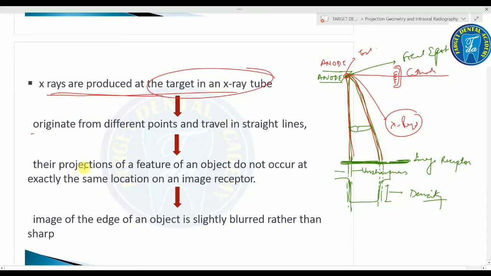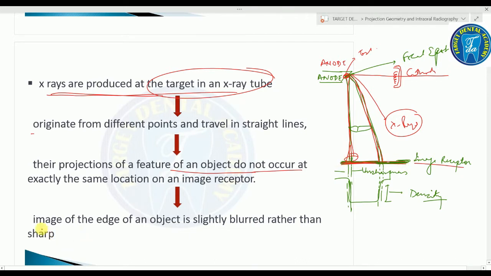Their projections of the features of an object do not occur exactly at the same location. See, this is the image receptor. When the X-rays hit the image receptor, they occur at different locations on the image receptor.